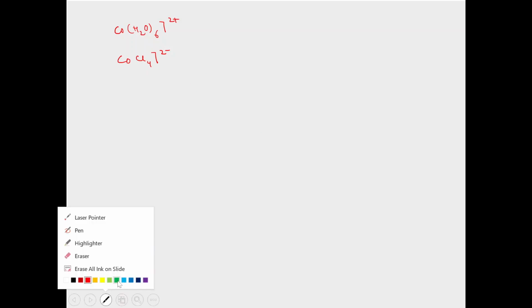So the two complexes given are [Co(H2O)6]2+ and [CoCl4]2-. First of all, let's find out the oxidation state of cobalt in both complexes.